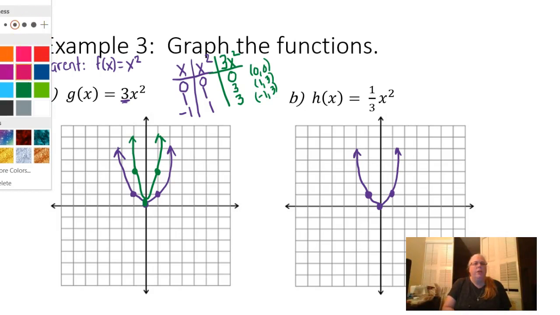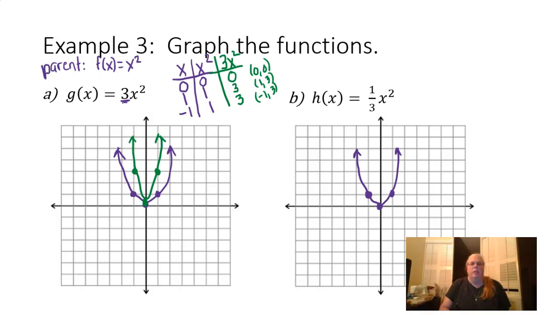And what I'm going to do is I'll go ahead and make a new chart here. We got x squared, and then we'll do 1/3 times x squared. So we know we got 0, 0, 1, 1, negative 1, 1.